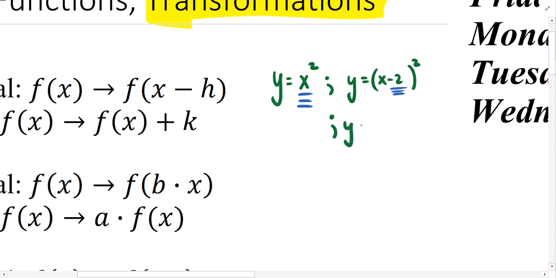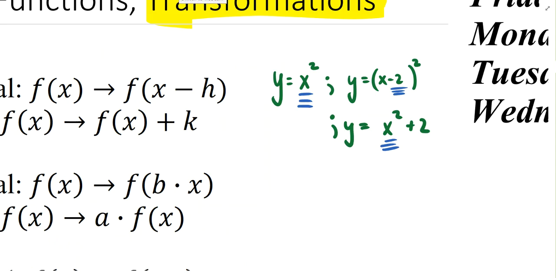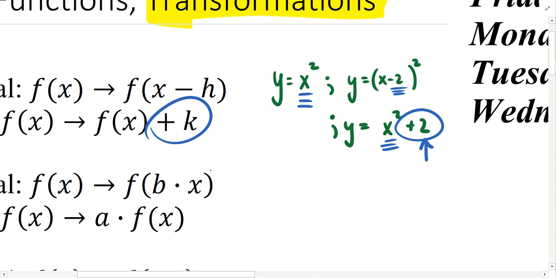Similarly, if I write y equals x squared plus 2 on the outside, here again we're completing a shift, but in this case it's not horizontal, it is vertical. Oops, you got a preview of the practice test that's coming up. So again, this is a vertical shift because the constant this time is on the exterior of our grouping symbol.